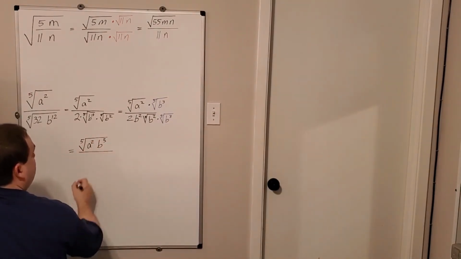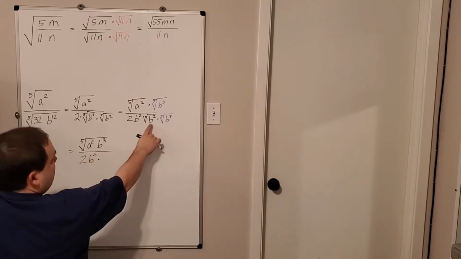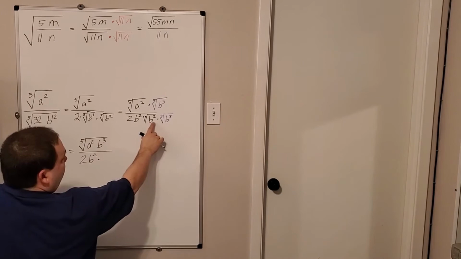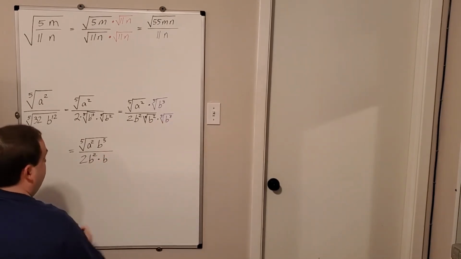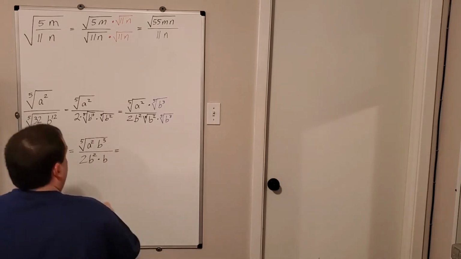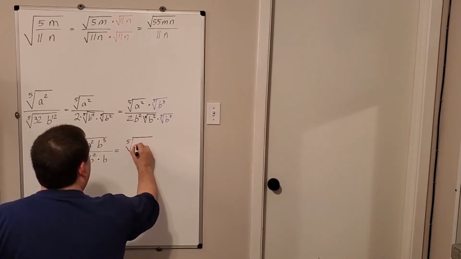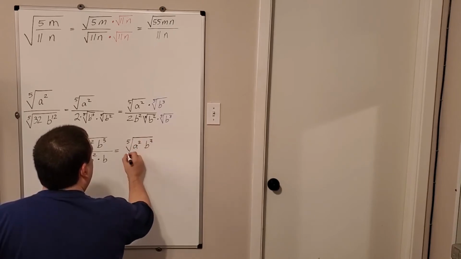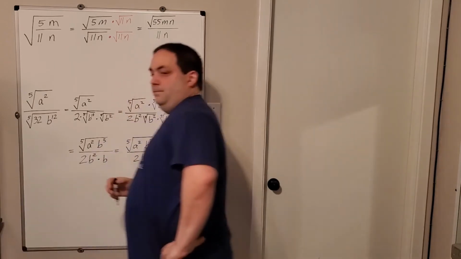The bottom is going to be 2b squared times the fifth root of b to the fifth. So that will be just b. Therefore, my final answer, fifth root a squared b cubed over 2b cubed.